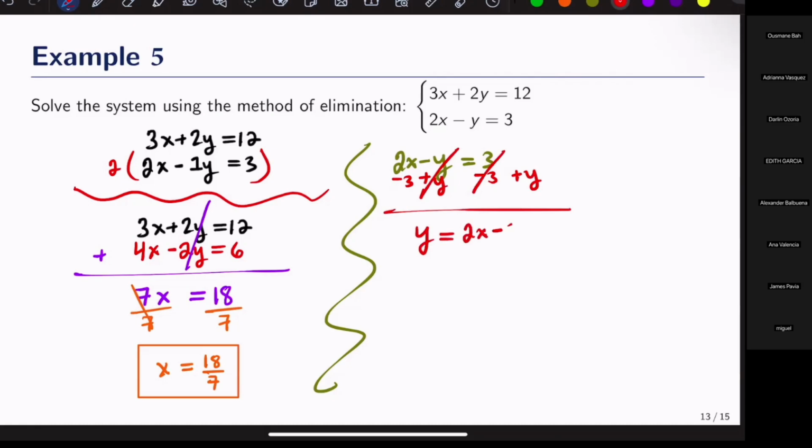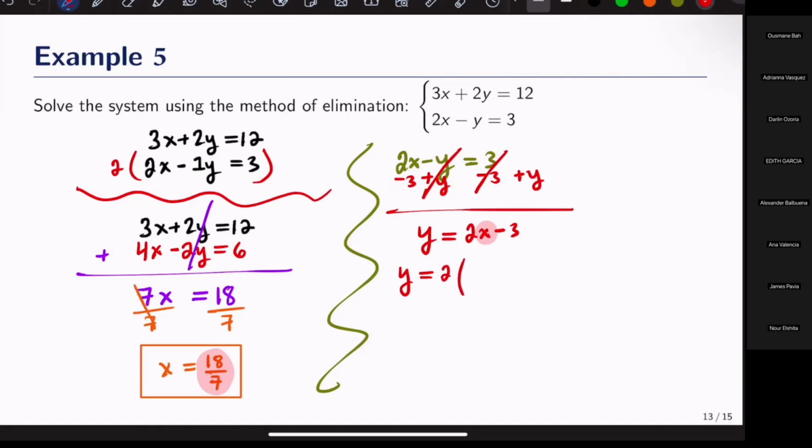And now that the y is all alone, we can simply look at our x and plug in that 18 over 7. So we have y is equal to 2 in parentheses 18 over 7 minus 3. 2 as a fraction is 2 over 1. 2 times 18 is 36 over 7. So we want to find a common denominator, which in this case is 7.